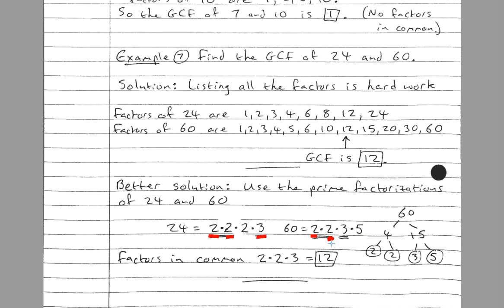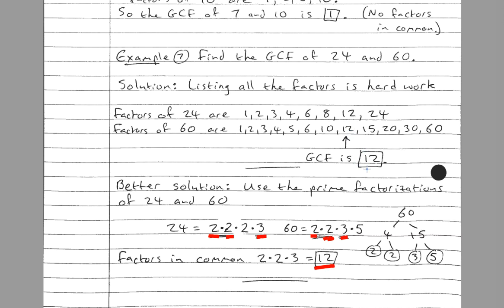Yeah, 3's. 60 has a 5, but there's no matching 5 over here. So we're just looking at what are the most primes they have in common. So it's just 2, 2, and 3. 2 times 2 times 3, that gives us 12.